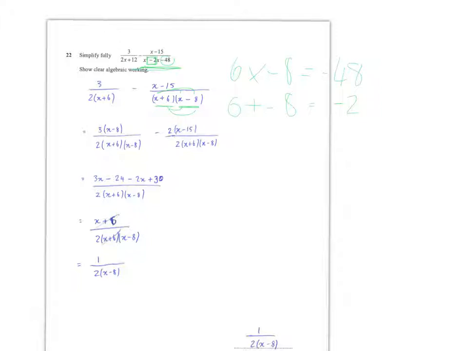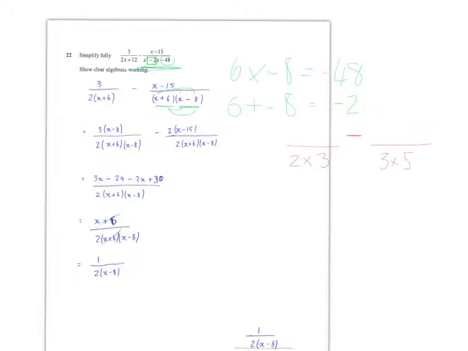The lowest common denominator, therefore, is going to be 2 brackets x plus 6, x minus 8. What we're looking for there is the lowest common multiple. Say, for example, I had two fractions where the left fraction had a denominator of 2 times 3, the right fraction had a denominator of 3 times 5.